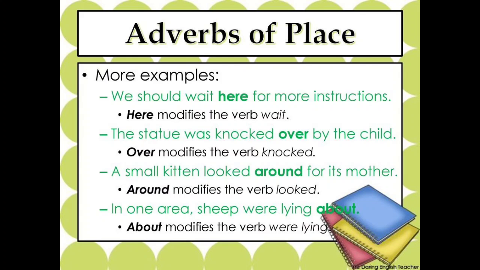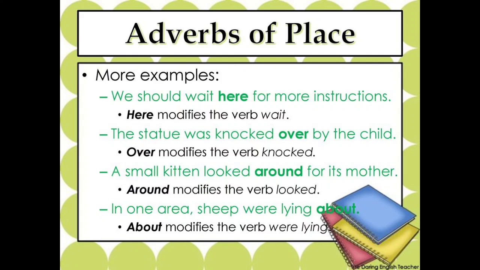Look at the next example. A small kitten looked around for its mother. So here around is the adverb of place that modifies the verb looked. And the last sentence, in one area sheep were lying around.